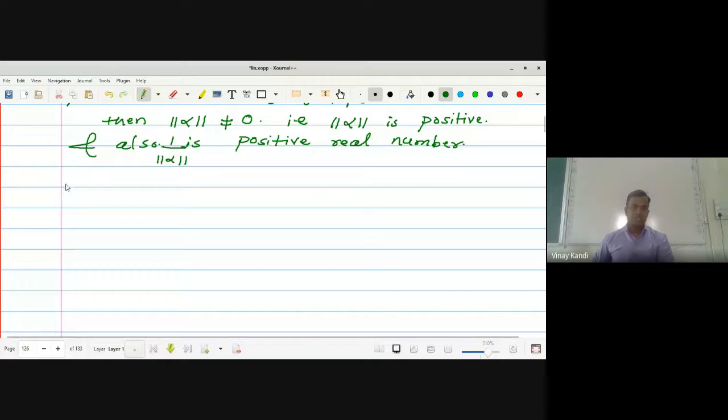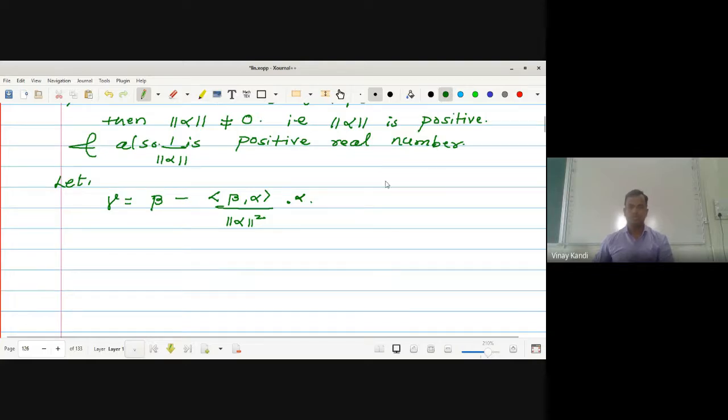Now, let us define one new vector gamma belonging to the inner product space V, using alpha and beta, the two vectors of V. What is the nature of gamma? Gamma is beta minus the inner product of beta and alpha divided by norm of alpha square, into alpha.